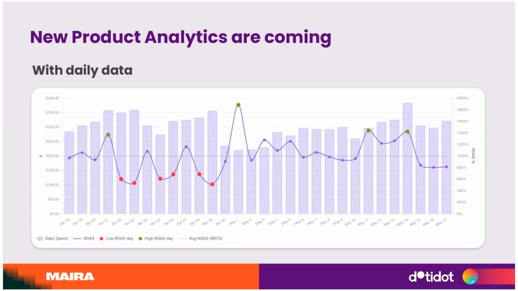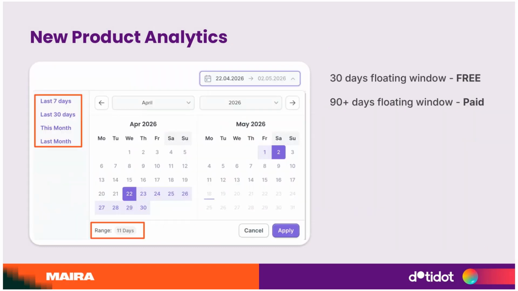You can choose one of the predefined windows: last 7 days, last 30 days, this month, last month, or a custom date range. For example, if you want to evaluate a promotion or special campaign that was running from Tuesday till Friday, you can just pick those days and you will see the performance of every single product.